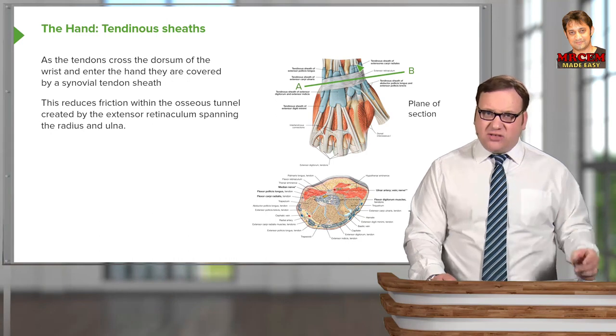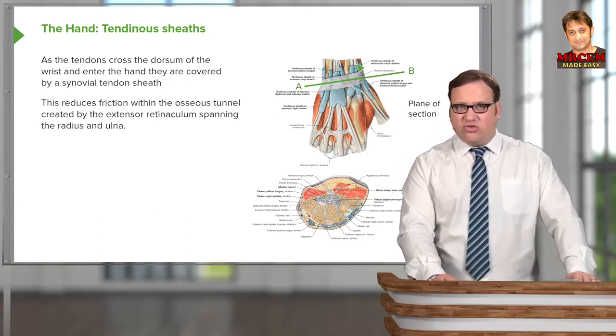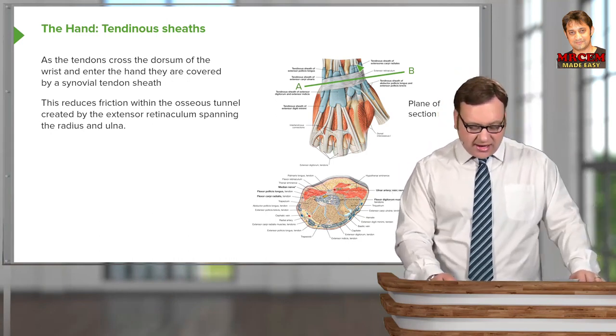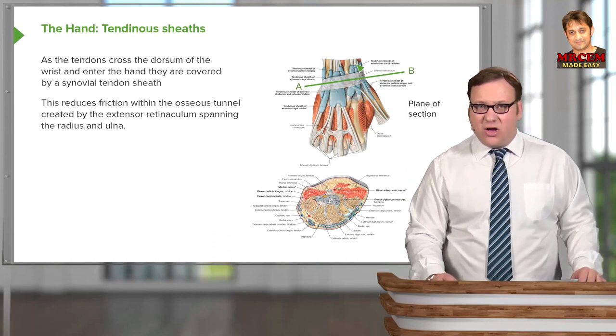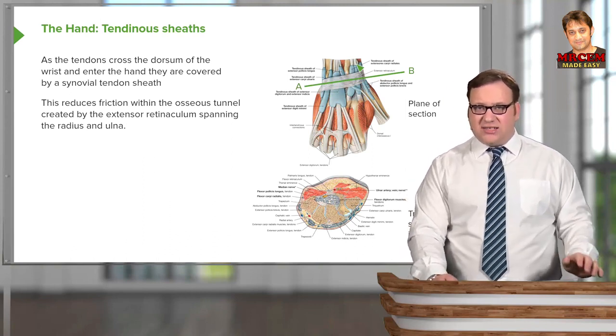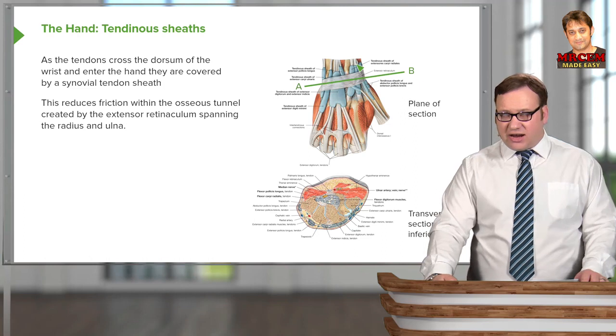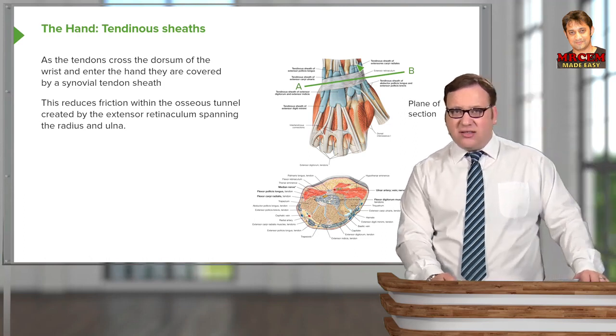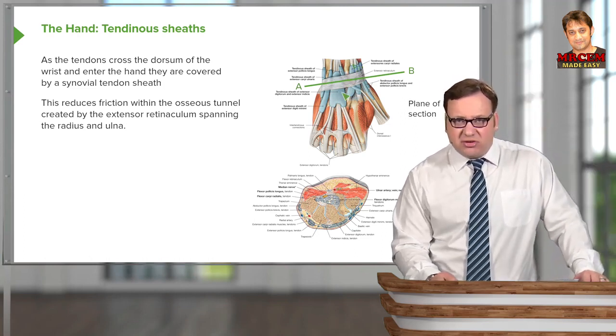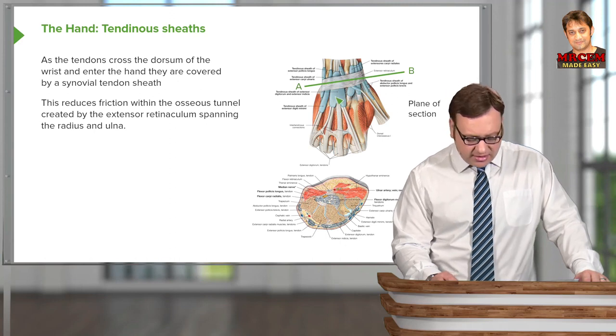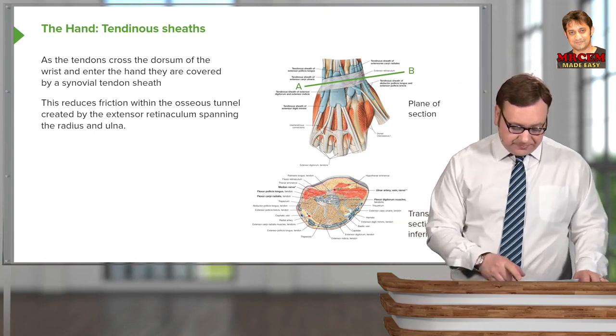This reduces the friction within the osseous tunnel created by the extensor retinaculum spanning the radius and the ulna. So as the muscles contract and the tendons rub alongside the carpals, the friction is reduced by the presence of these tendon sheaths. So these are very important.